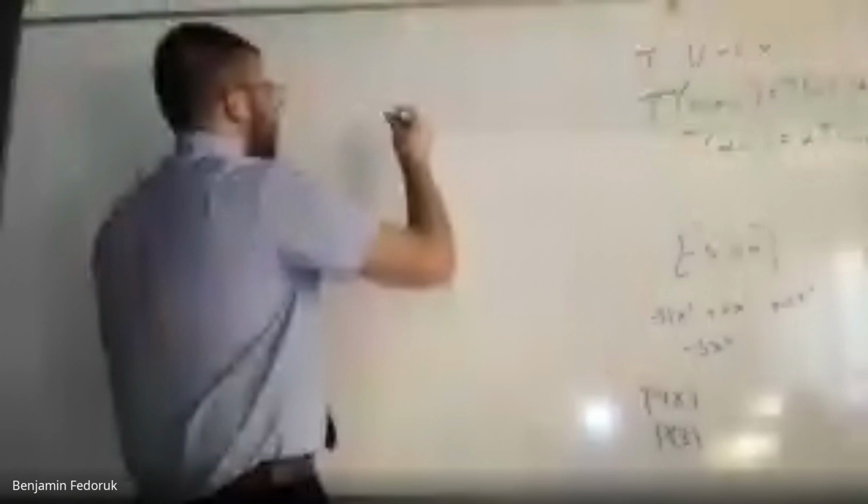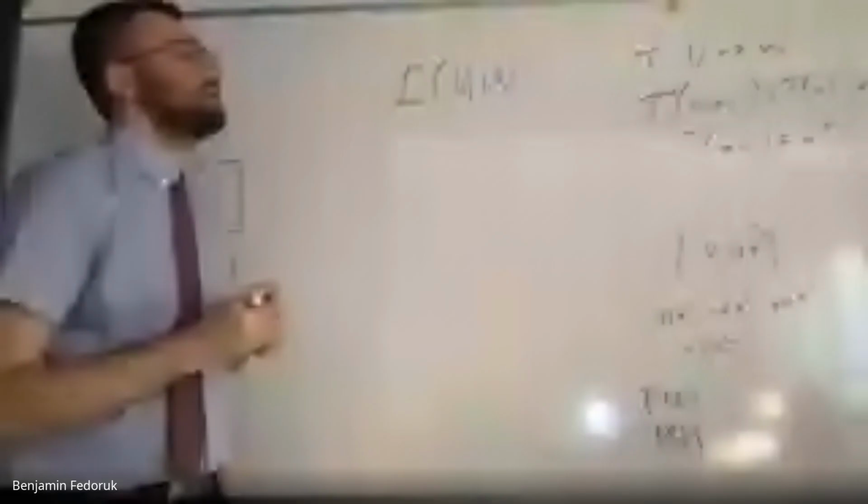So a bit more notation. Don't have much whiteboard space, so apologies again. The linear transformation. So if I write like this, do you know what that means? That notation?